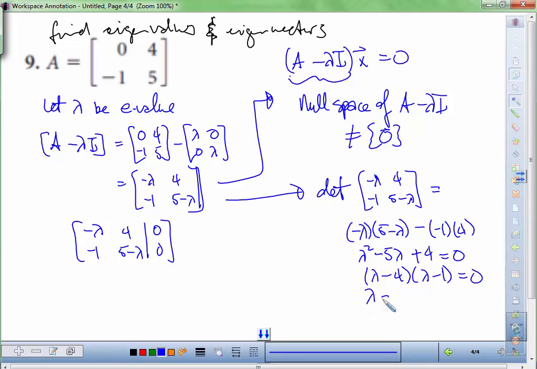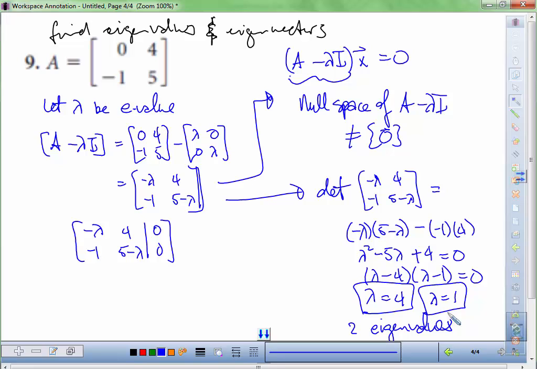So lambda is equal to 4, lambda is equal to 1. So you have two eigenvalues for this matrix, 4 and 1.